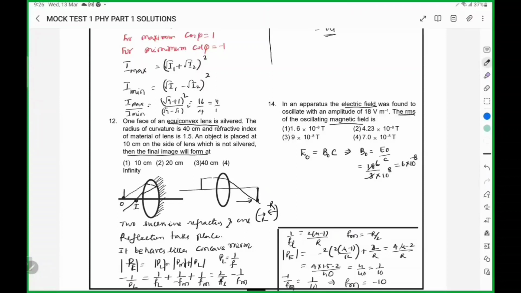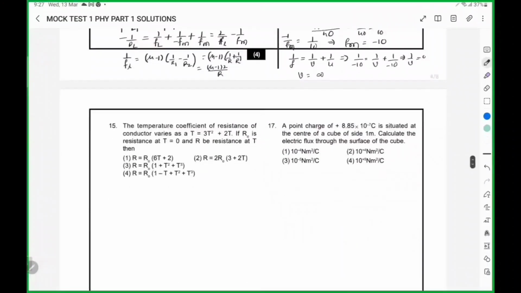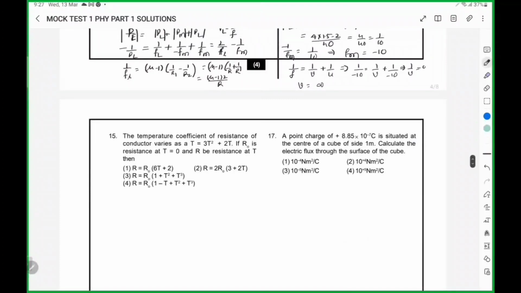But he is asking for RMS, B RMS, the root mean square magnetic field, which is B naught by root 2. That is 6 into 10 power minus 8 by root 2, or 3 root 2 into this. So roughly 4.23 into 10 power minus 8 Tesla. Here it is.